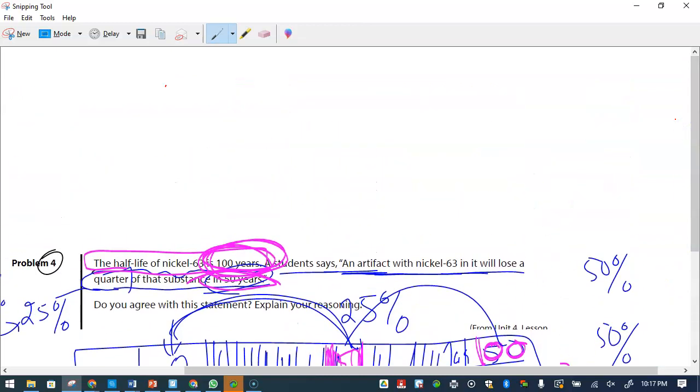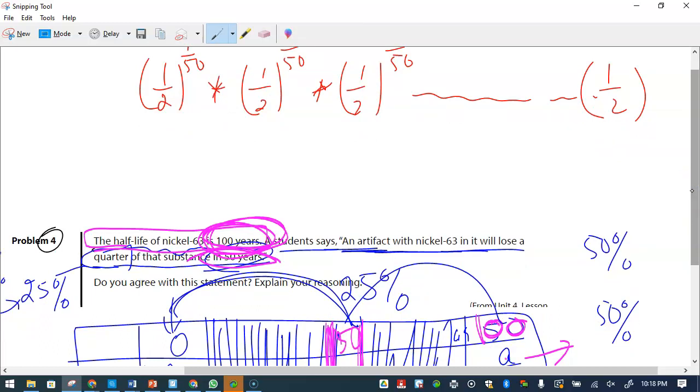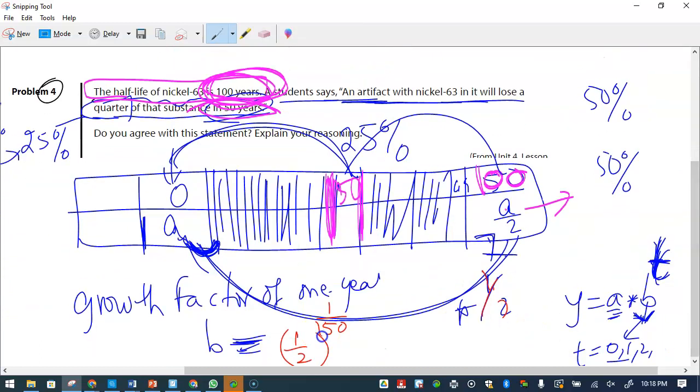Now, why is this like this? Because if you go on multiplying half raised to 1 over 50, times half raised to 1 over 50, like this, you go on doing this 50 times, sorry, 100 times. I made a mistake, this should be 100 here. This is 100 because in 100 years, this is 100, right?